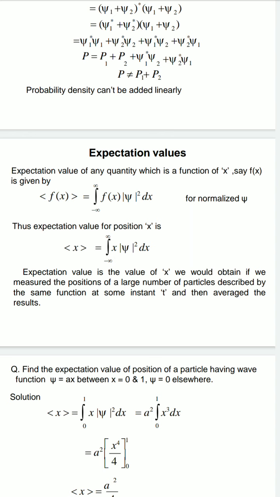Expectation value is the value of x we would obtain if we measured the positions of a large number of particles described by the same function at the same instant t and then averaged the results. So that is what it represents.